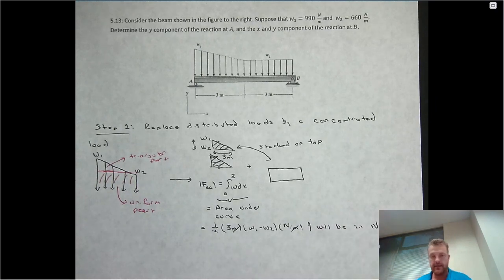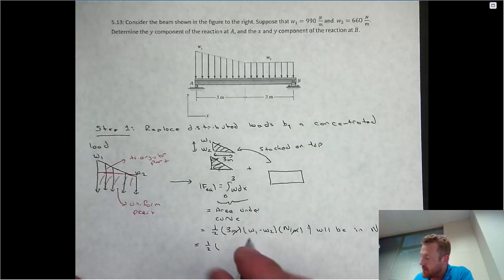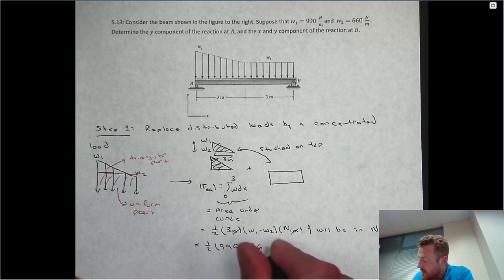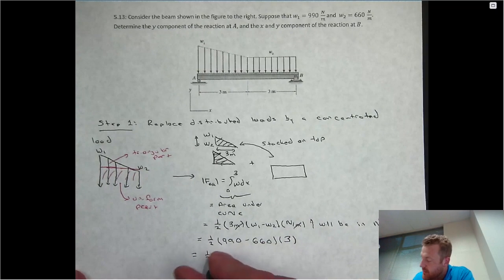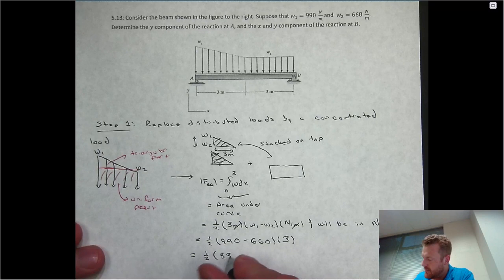If you compute that very quickly for our parameters, it's 1/2 times, our W1 is 990 and our W2 is 660. That's the height, and we also need to multiply it by the base. So it's 1/2 times 330, and then you're multiplying by 3.